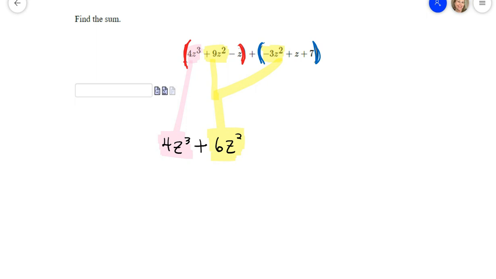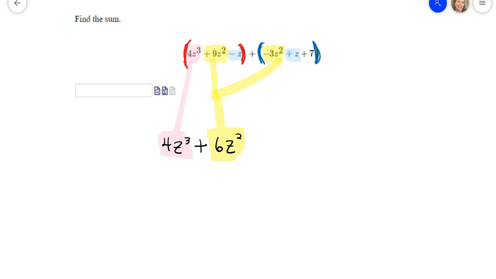And then the last term in the red parentheses is a minus z to the first power. The first power is really invisible. So I'll go over to the other set of parentheses and I look for another z to the first power, and I have this one.